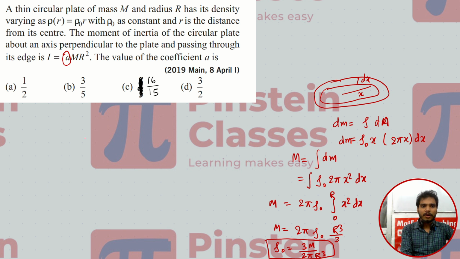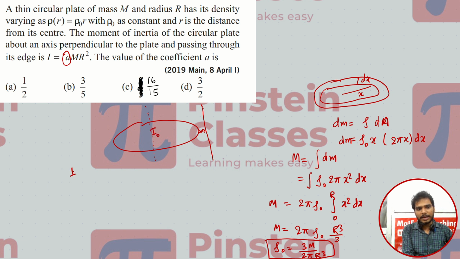Now let us calculate. It is asked the moment of inertia of the circular plate perpendicular to the plate and passing through its edge. First we will calculate about the center, and then we will calculate about the edge. So about the center, let it be I naught.